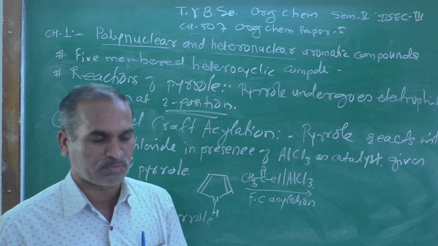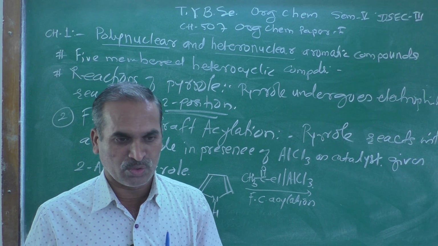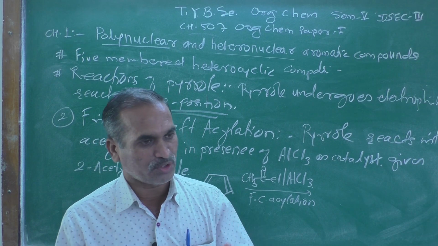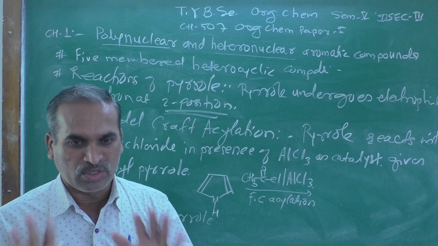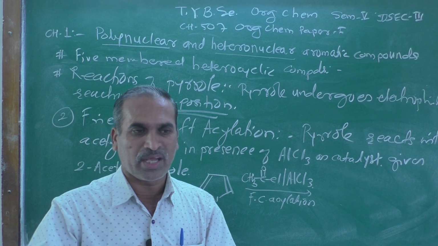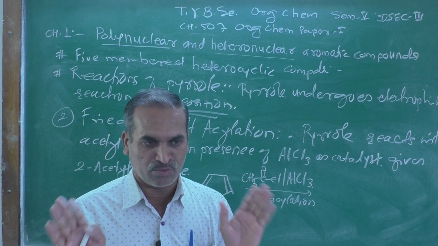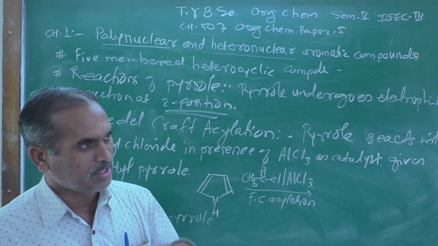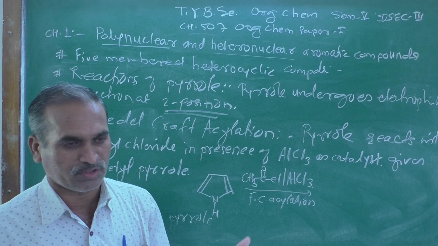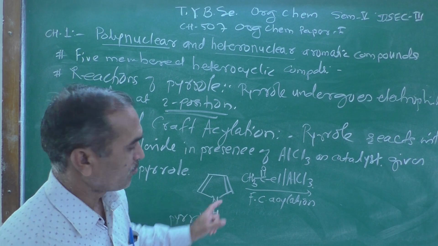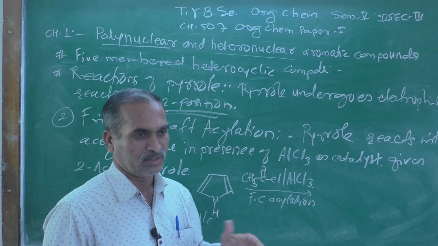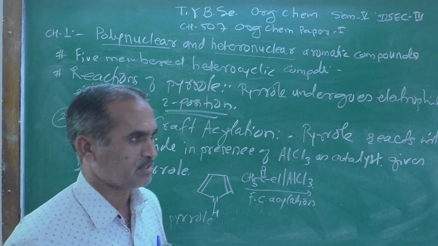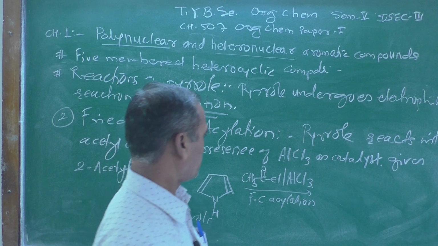If they are substituted, we are not going to learn that reaction at T.Y.B.Sc level, substituted furan. Only simple plain furan, reaction of the plain furan we are talking. We are not going to talk about the derivatives of that furan or the substituted furan, only the plain furan and whatever limited reactions we are going to study at T.Y.B.Sc level.